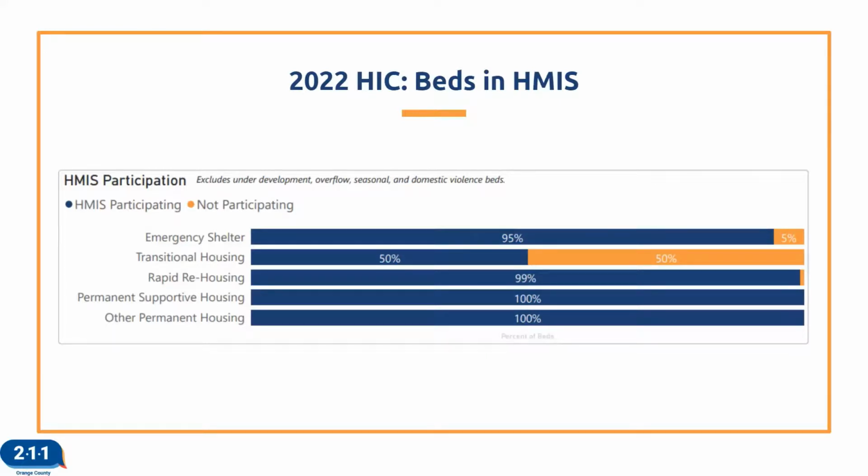Almost all of the beds in emergency shelter and rapid rehousing are participating in HMIS. 100% of the beds in permanent supportive housing or other permanent housing projects are participating in HMIS. And then transitional housing, only half of the beds on the HIC are participating in HMIS. The reason for that is there aren't many funding sources anymore that require transitional housing projects to participate in HMIS. And so as a result, many of those beds are not participating.